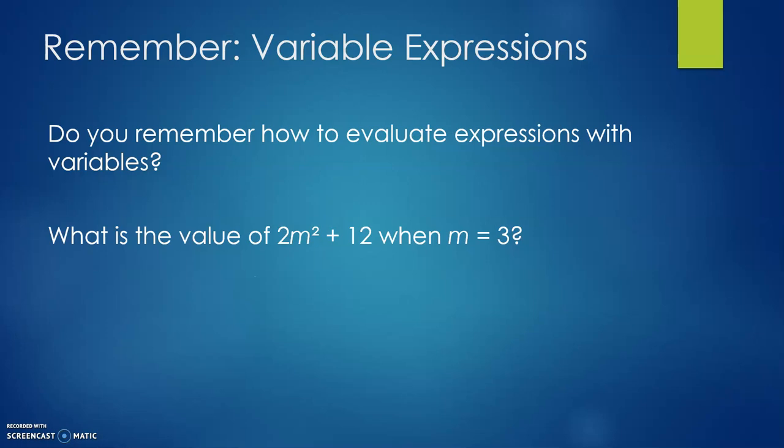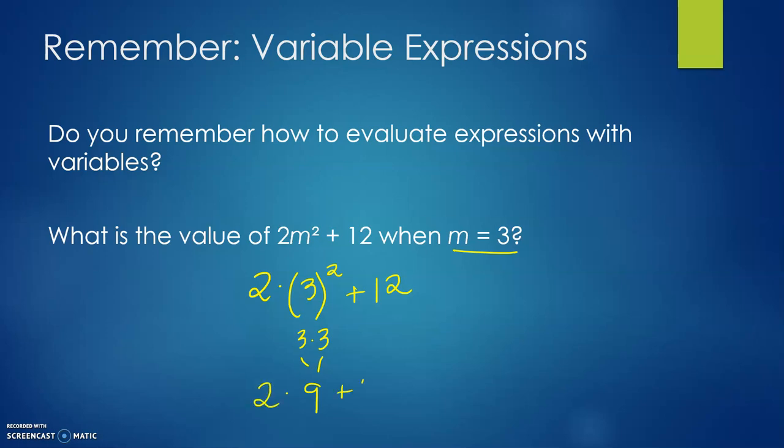So this says 2 times m. Remember that when two things are next to each other like this, that is multiplication. I'm going to put my 3 in parentheses to remind myself that I'm substituting that. It is raised to the second power, and then I need to add 12. So going by order of operations, I'm going to do 3 times 3 first, which is 9.